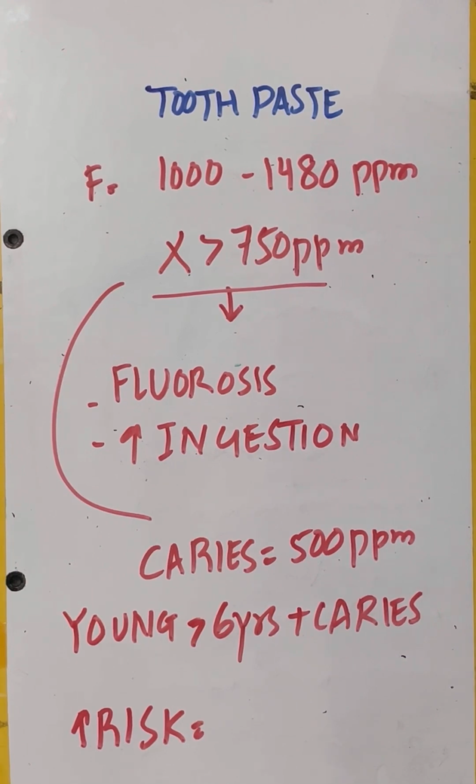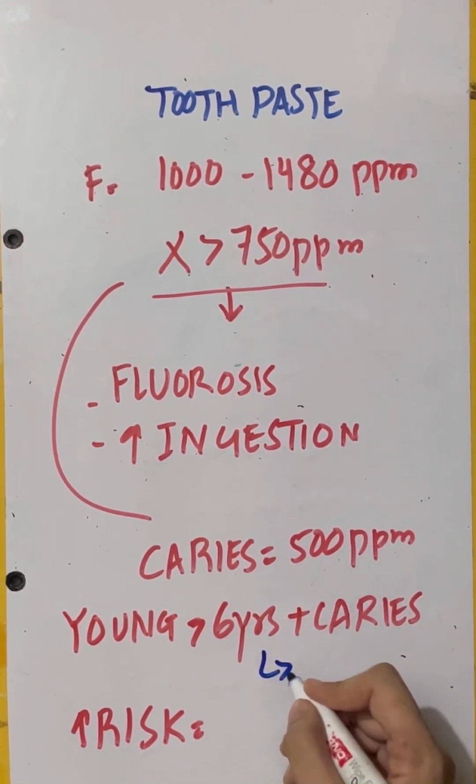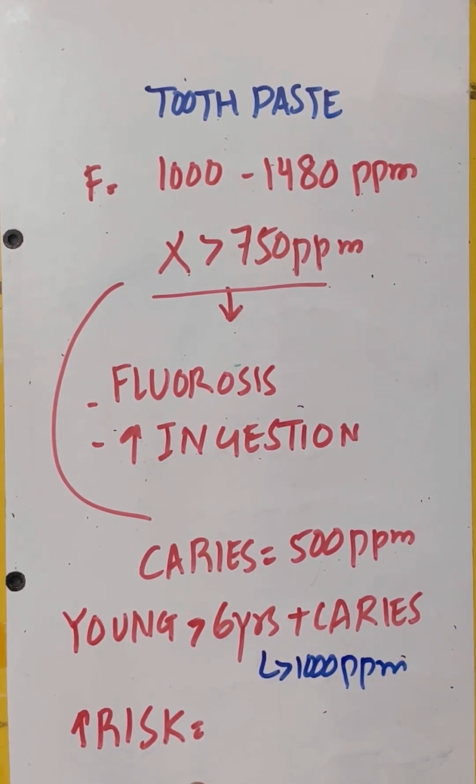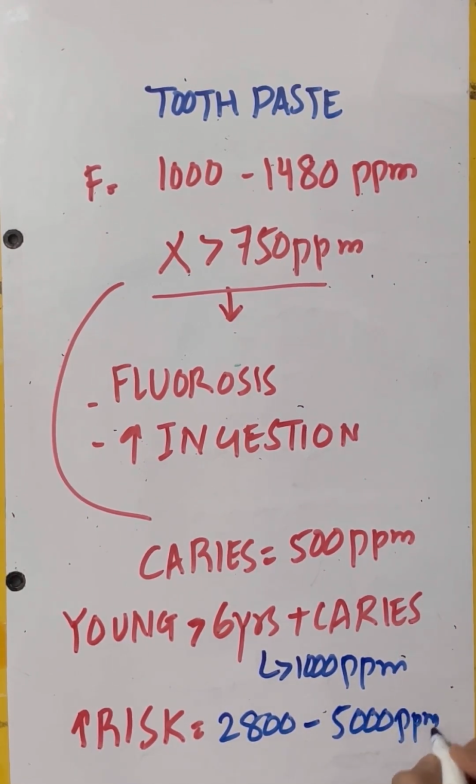Then we will give this patient 1000 ppm of fluoride, and in this patient we can use 2800 to 5000 ppm of fluoride because he is at high risk, so we will give a high concentration of fluoride.